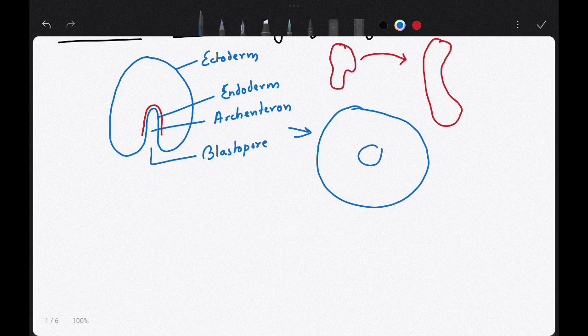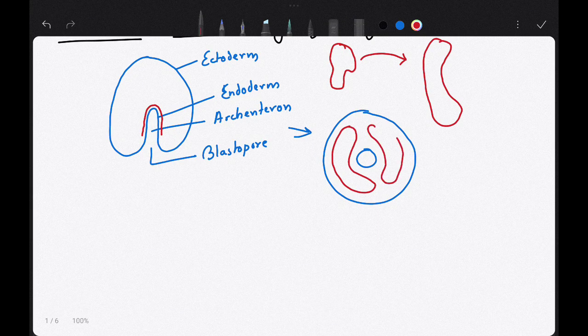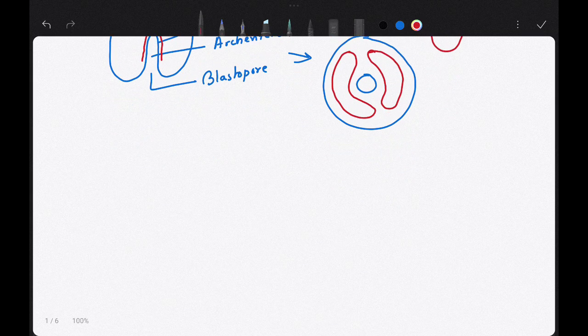Suppose this is the gut, and that area will form the coelom. I hope this is clear.